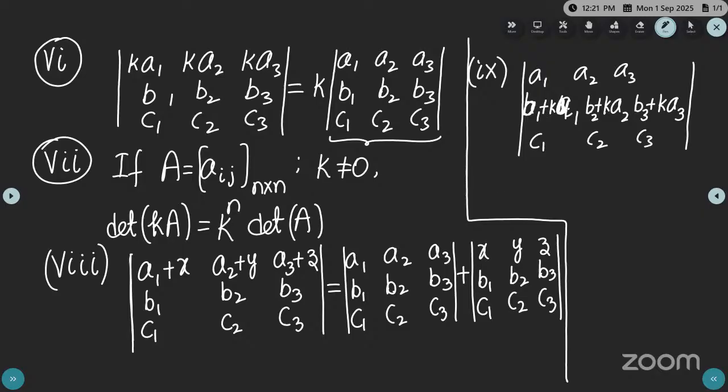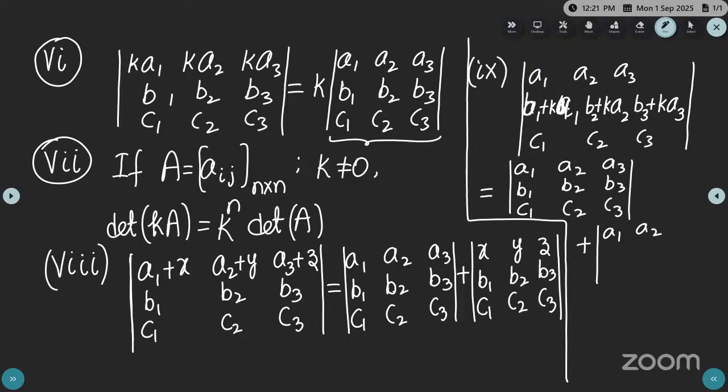How can you write this? You can write it as determinant a1 a2 a3, b1 b2 b3, c1 c2 c3 plus determinant a1 a2 a3, k a1 k a2 k a3, c1 c2 c3. In the second part, k can be taken out.